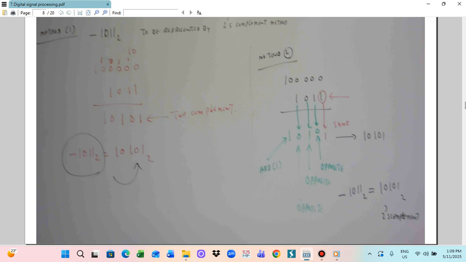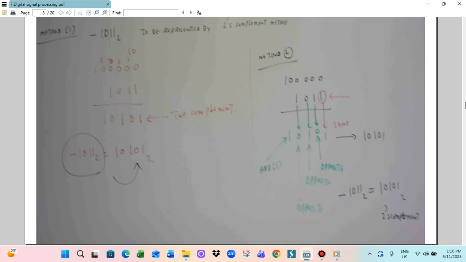After the first 1, then write the opposite number. So this is the formula. Before reaching the first 1, from the right to left, just write the same number.